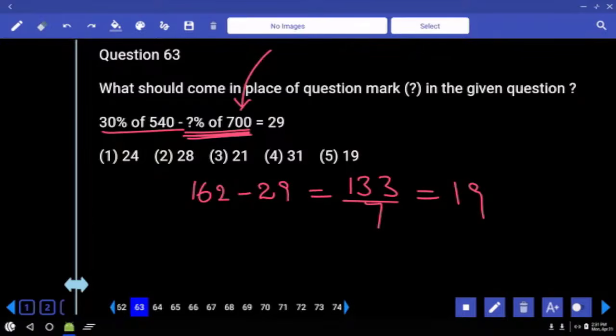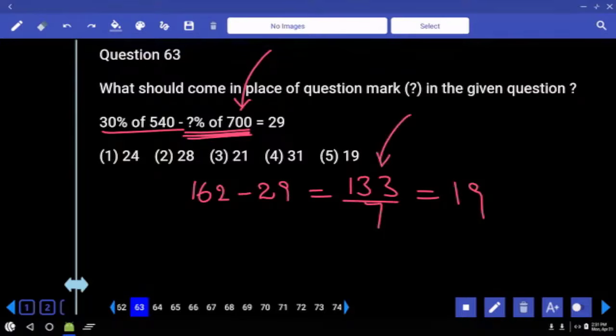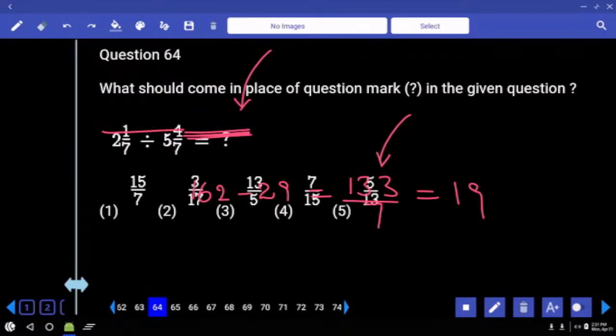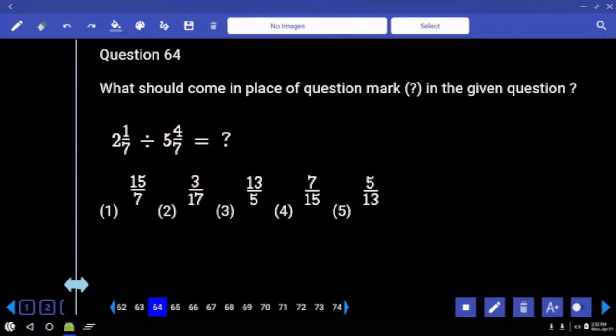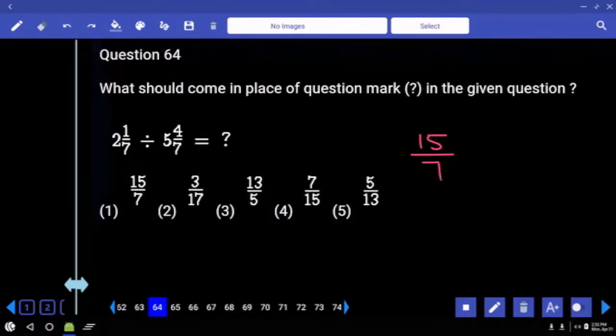Seven 20s. Come on. Numerator is how much less than 140? That means 1 time less than 20 times, 19 times answer. Got it? 2 1 by 7. 15 by 7 divided by 5 4 by 7. 39 by 7 divided by 39 by 7 can be written as into 7 by 39.